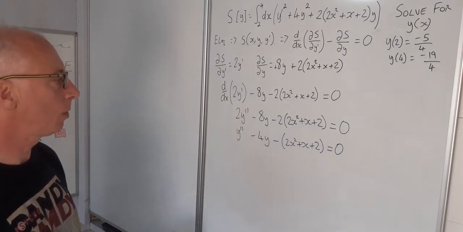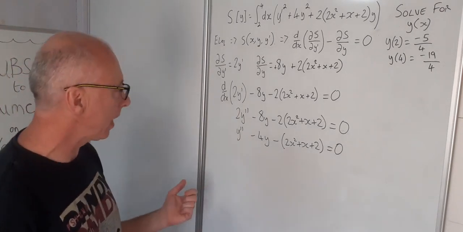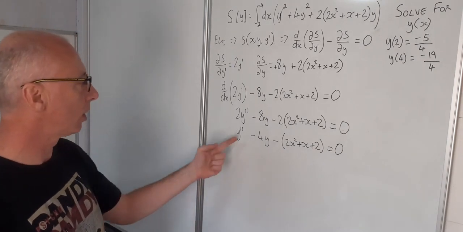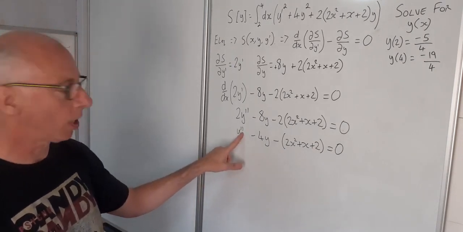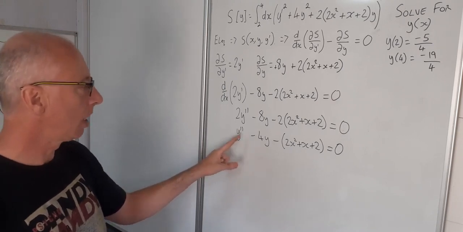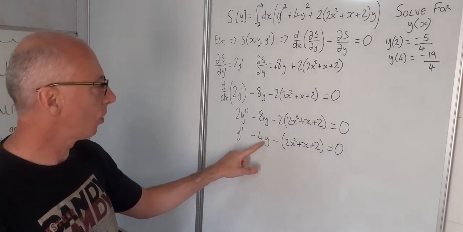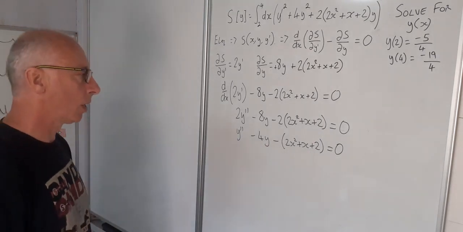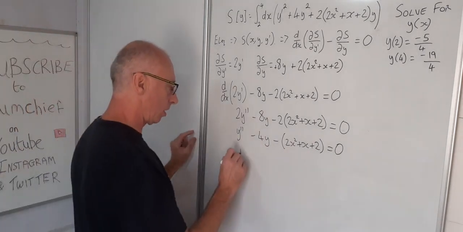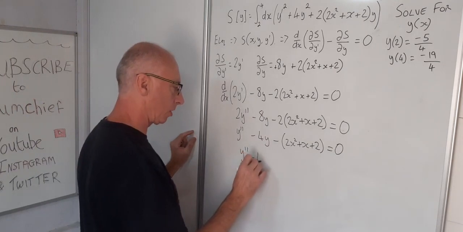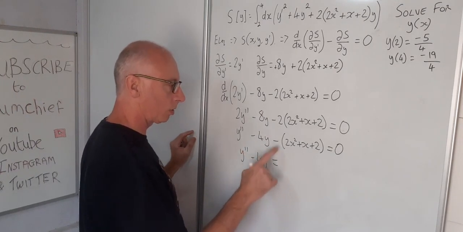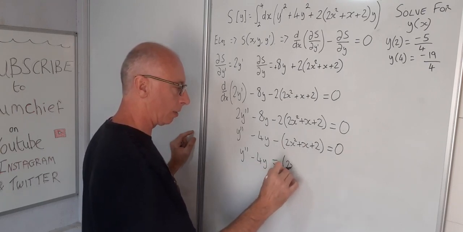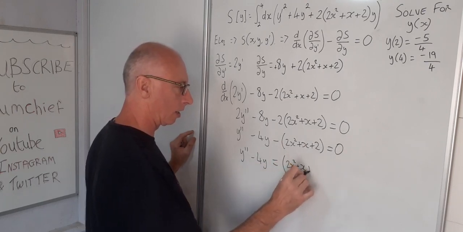Okay, so now we're definitely in the format of some sort of second order linear differential equation, because we've got y double prime making it second order, and we've got minus 4y minus this quadratic here. So we can rewrite this as y double prime minus 4y equals, bring this over to the other side, and I'll keep that in the brackets to keep it all together.